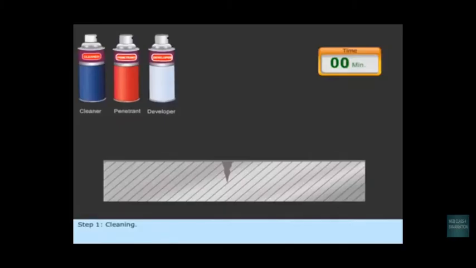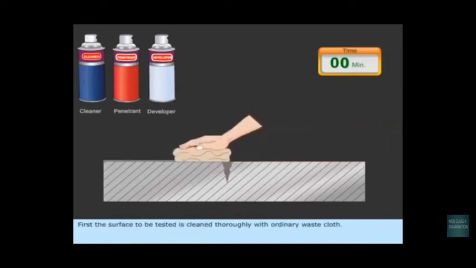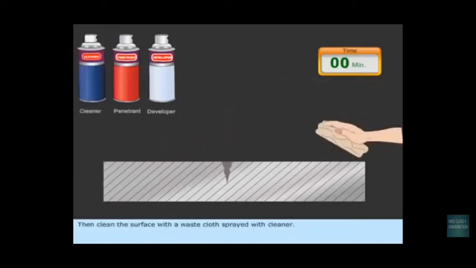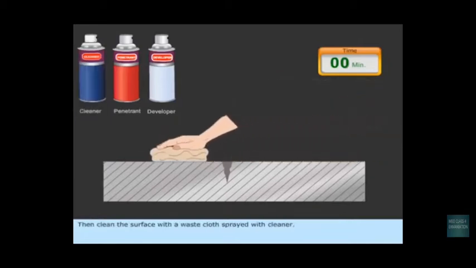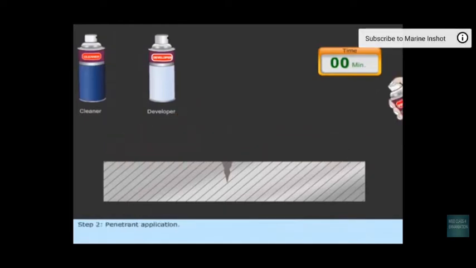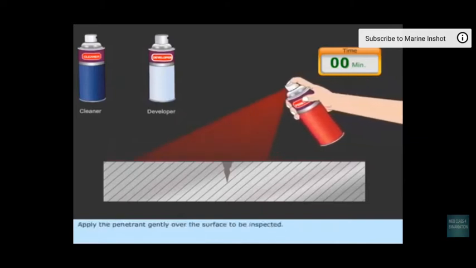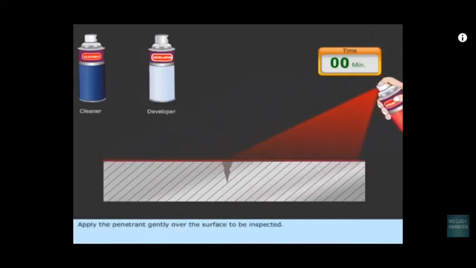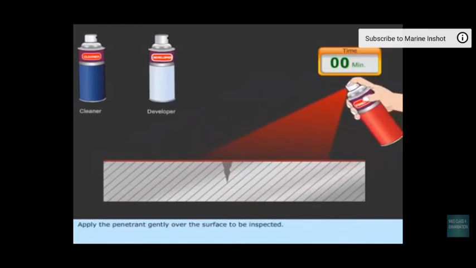Now let's see the procedure of liquid penetrant test. For this, we need a cleaner, penetrant, and a developer. First, we clean the surface by using the cleaner. Then we apply the penetrant. Here the penetrant is red in color.